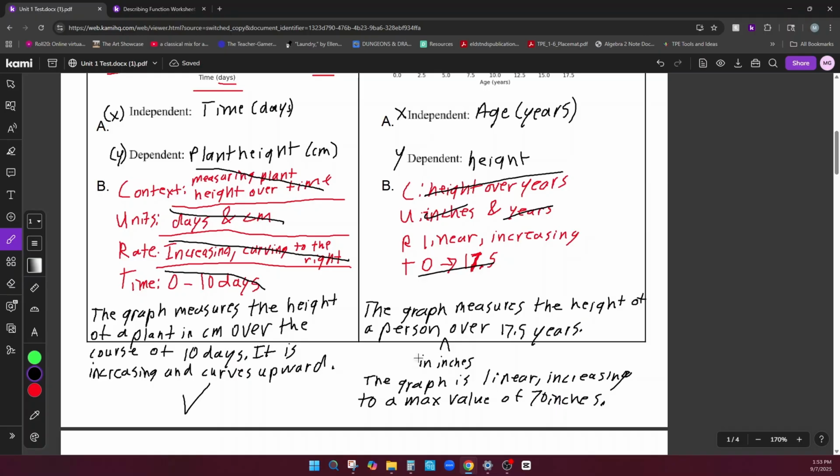So I actually could have just crossed this out if I'm going to include the inches information here, but having it repeat twice is not a big deal. So I said it's linear, increasing, and I am done. And that goes over the recovery for question one.